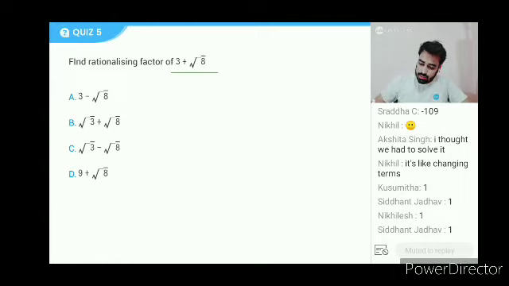Now what do I have? Find the rationalizing factor of 3 plus root 8. So the rationalizing factor of 3 plus root 8 will be what? 3 minus root 8.